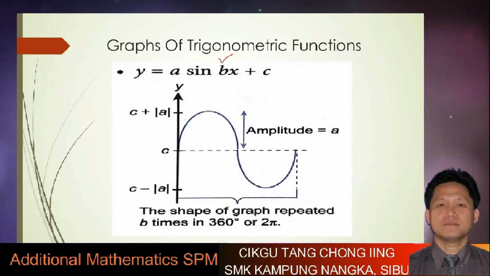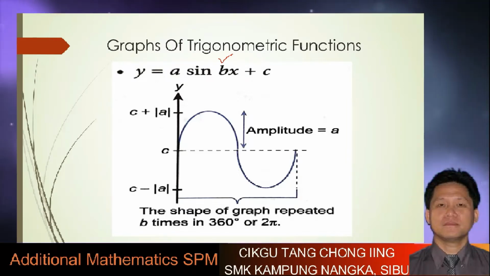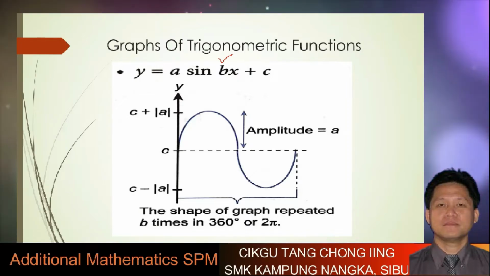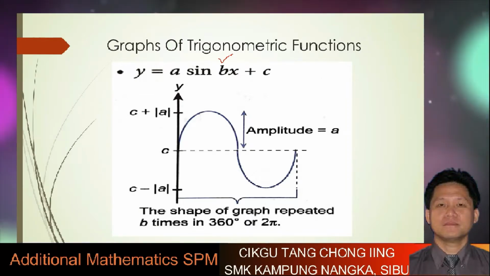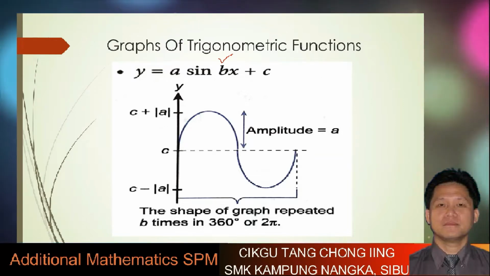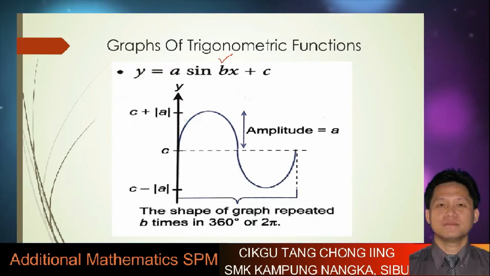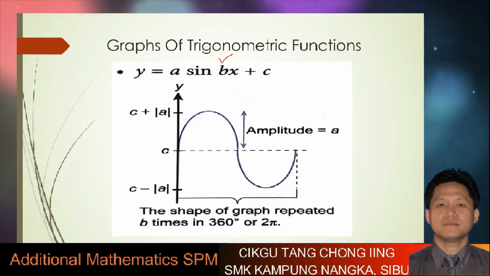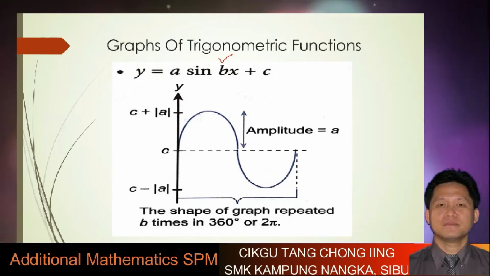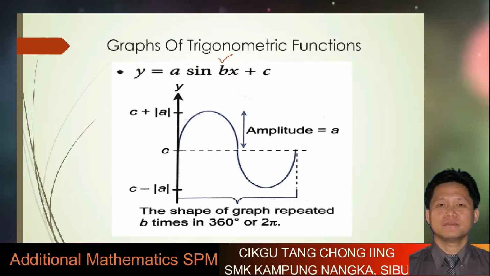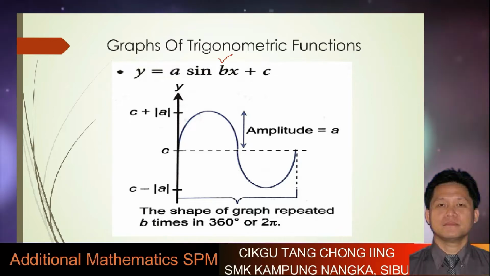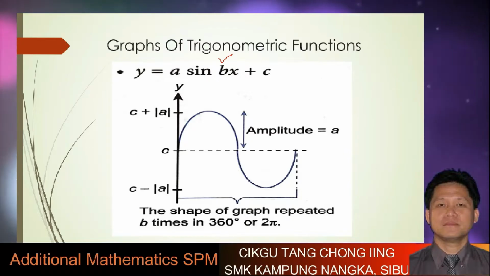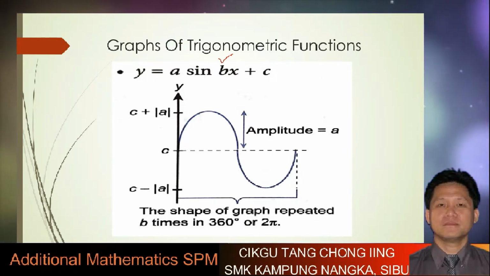And when the value of c decreases by, let's say, 2 units also, then the position of the graph will be shifted down 2 units vertically. So if you have a positive value of c, then the whole graph will be shifted up vertically. And when you have a negative value of c, then the whole graph will be shifted down vertically. Alright, so those are the effects of the changes in a, in b, or in c.